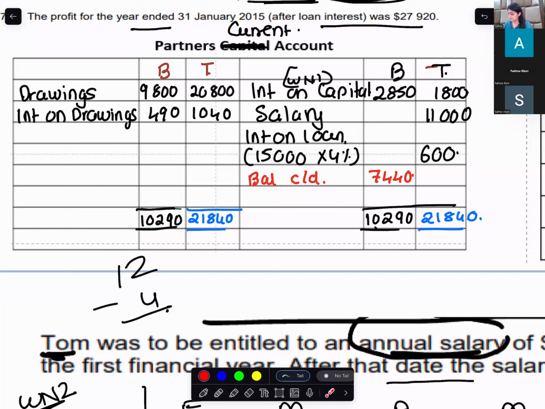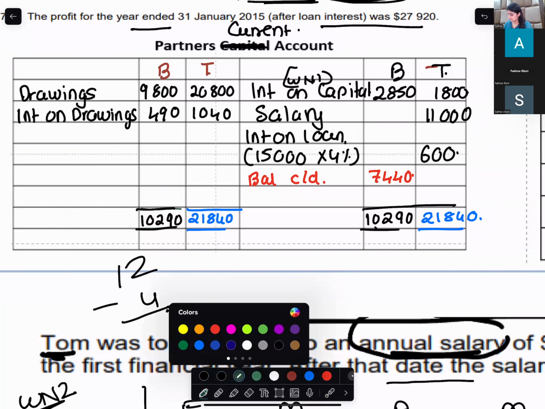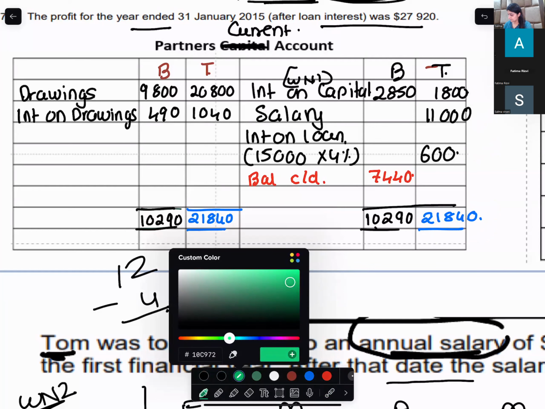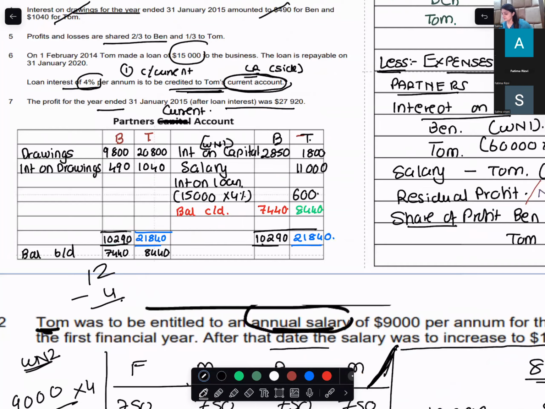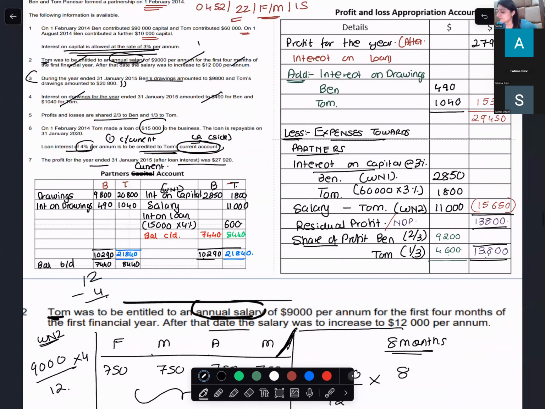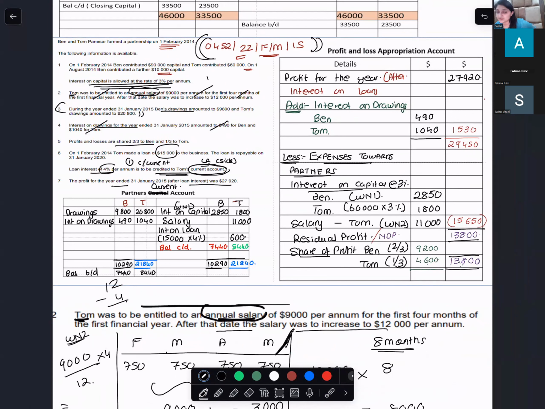So what are you getting? 8,440. Bring down the balance. It will be 7,440 and 8,440. So we complete this sum of Feb March 2015, paper 22.